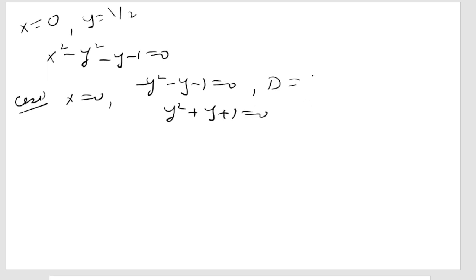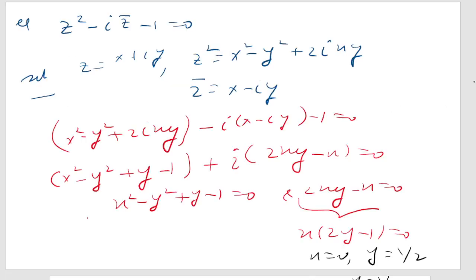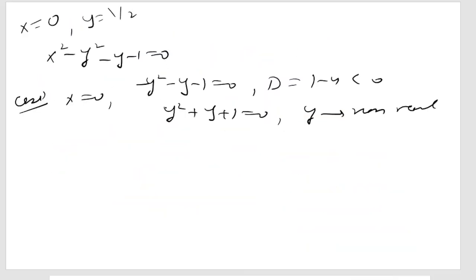The discriminant is 1 minus 4, which is negative. Since the discriminant is negative, that means y is non-real. But if someone says z is equal to x plus iy, clearly x and y belong to the real numbers. So clearly here y is non-real, so this is not possible.